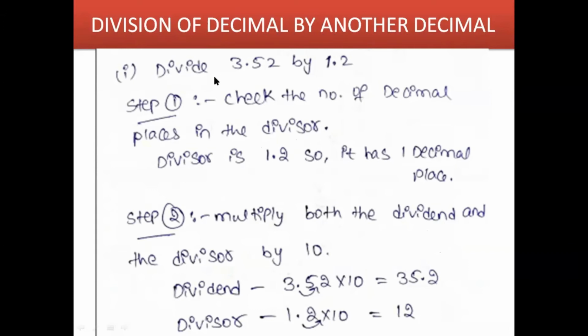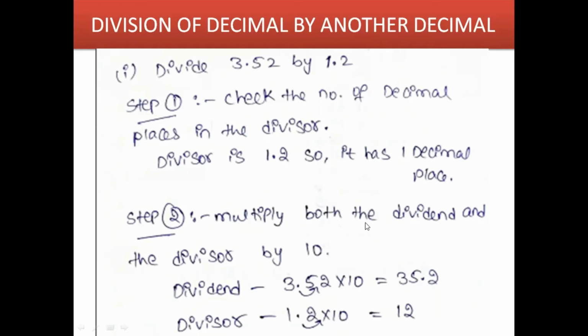Division of a decimal by another decimal. Divide 3.52 by 1.2. Check the number of decimal places in the divisor. The divisor is 1.2. It has one decimal place.